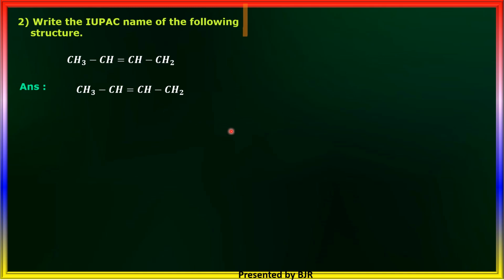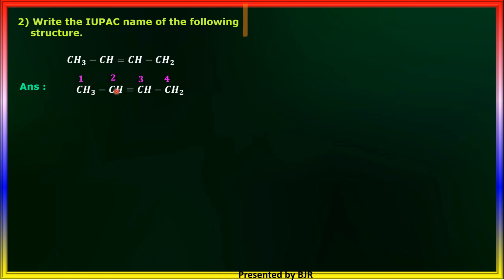After selecting the longest chain, we have to give the numbering to the carbon atoms in such a way that the carbon atoms containing the substituent ends should get the least number. So here we can give the numbering either from left to right or from right to left. Let us see, I am giving left to right.